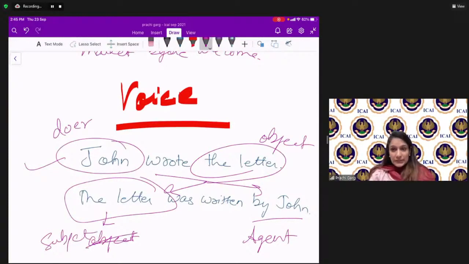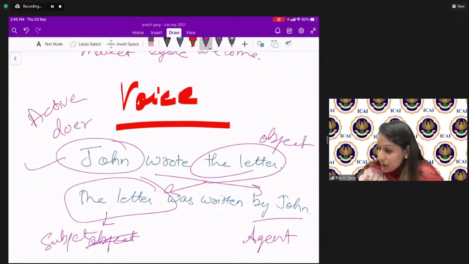Clear? Yes. Now this is the difference between active voice and passive voice. The first one is the active voice and the second one is the passive voice. Clear? Yes. Okay.